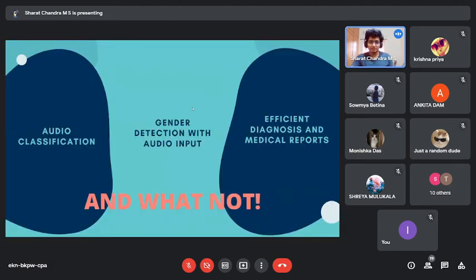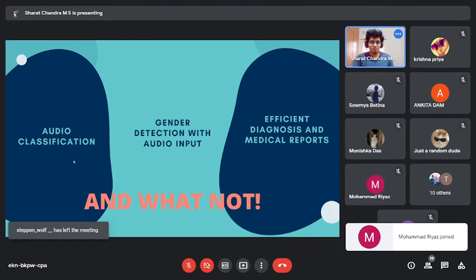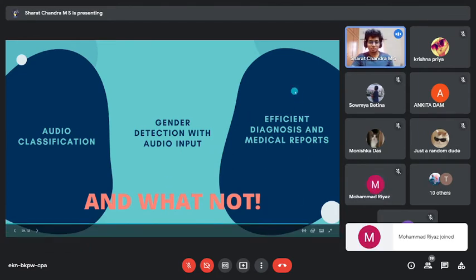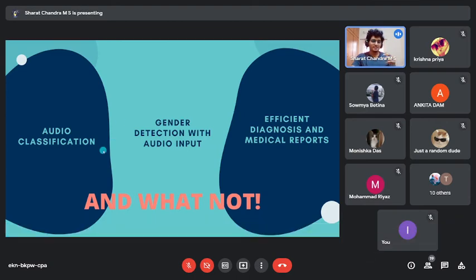And some more cool applications. Audio classification. You can classify audios, like you can classify wind, rain, sunny day, and cold, snow, etc. All these things are amazing because this was something that was thought to be impossible or very sci-fi.